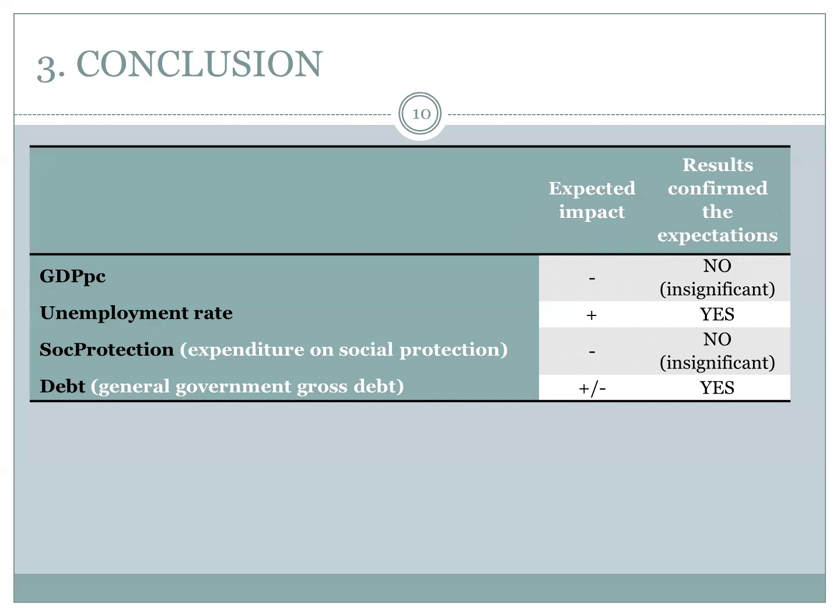When it comes to unemployment rate, we got a positive connection, and the results confirmed our expectation. And we also argue that our expectations are confirmed when it comes to general government gross debt. However, we must emphasize that a stronger conclusion on the connection between these two variables should include additional analysis that is not made or presented here.